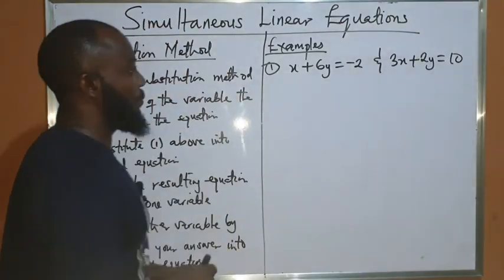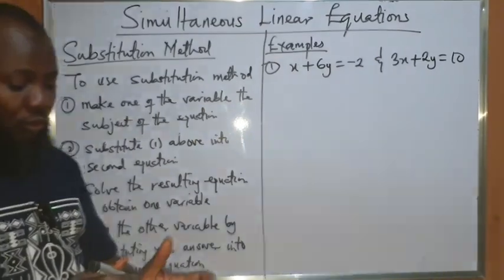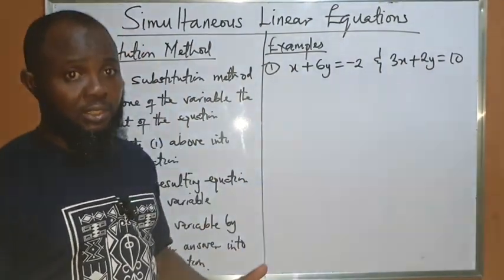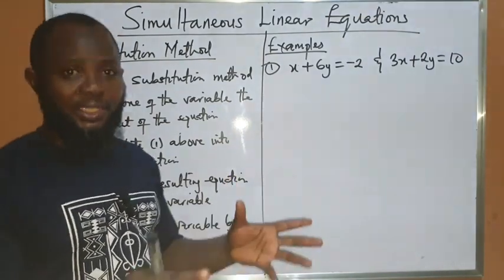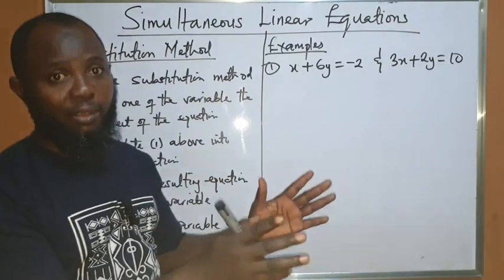So let's look at this example. For this example, we want to make use of the substitution method. Now I'll tell you when to use the substitution method and when not to use it. It depends on you, but the best part is that you can determine the best method to use for a particular question.